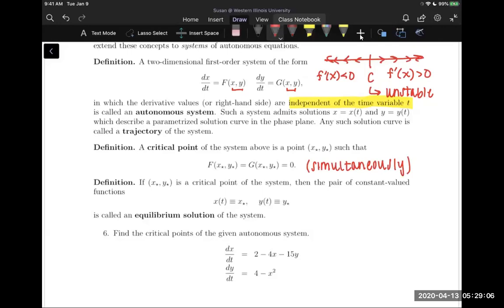Once we find our critical points, then we consider these constant functions, x of t and y of t, to be equilibrium solutions. A lot of times students ask, what does that triple equals bar mean? It just means that I'm equivalently defining the function to be that constant. Not that I'm replacing that function with a constant, but it is the constant function everywhere. So I'll note that.